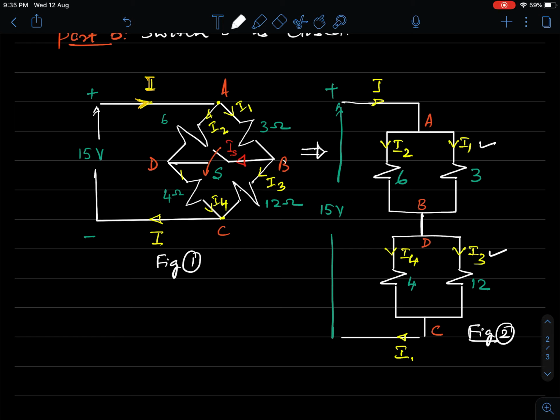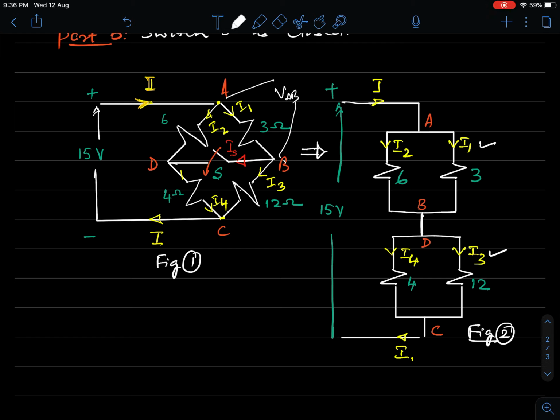To get the current I1 and I3, we need to know the potential difference across A and B. What I mean is this voltage VAB should be known to me, so that I can divide it by the resistance and I will get the current.